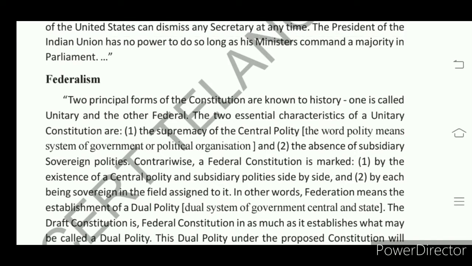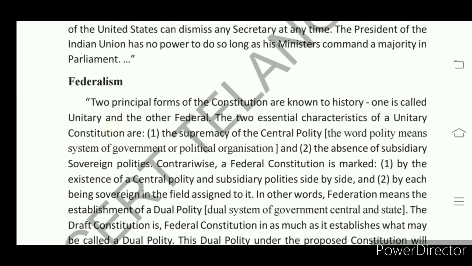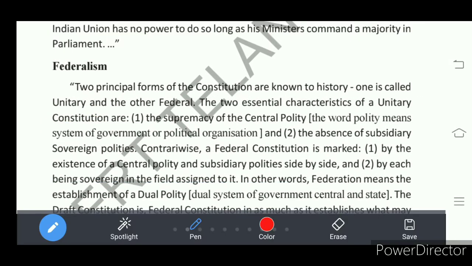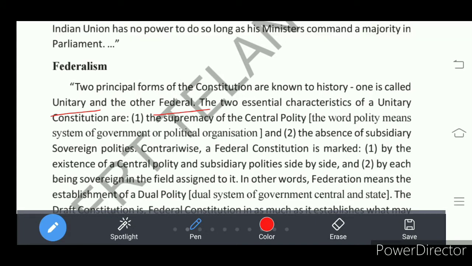Two forms of constitutions are known to history. One is the unitary constitution. The second one is the federal constitution.